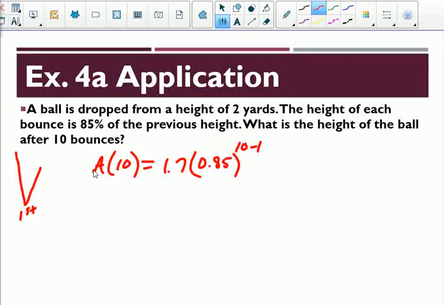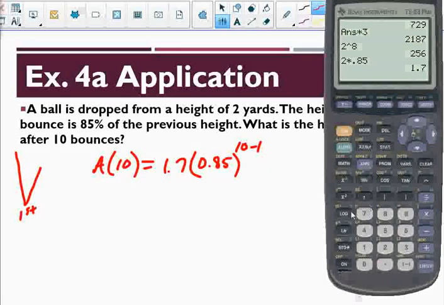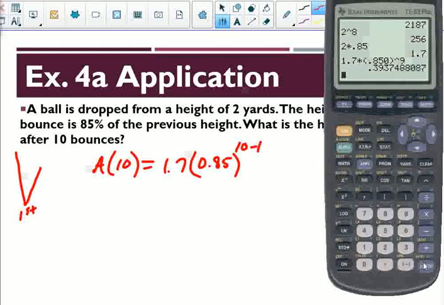Now if I use my calculator here, we're going to have 1.7 times parentheses 0.85 and parentheses, actually I put that wrong, 0.85 and parentheses. Raise that to the 9th power, and you would get an answer of 0.39374 and so on.